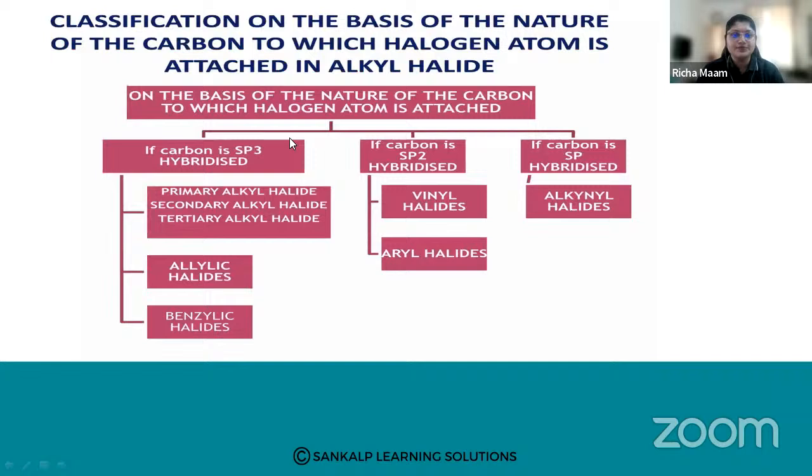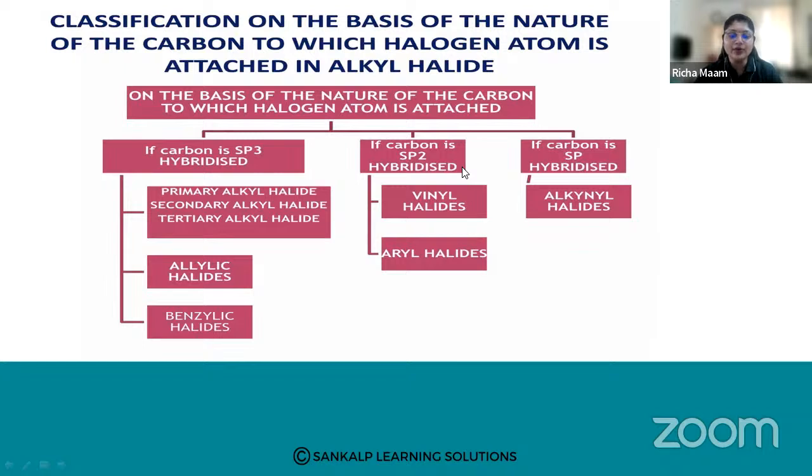Next is on the basis of the nature of the carbon to which the halogen atom is attached in the halide. These monohalo compounds are further classified.